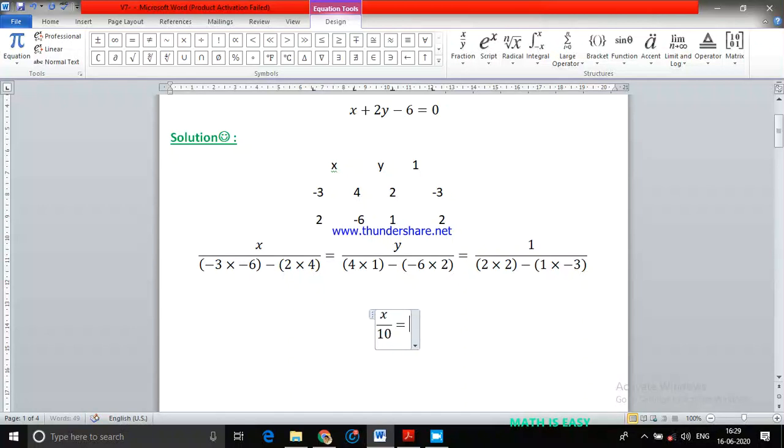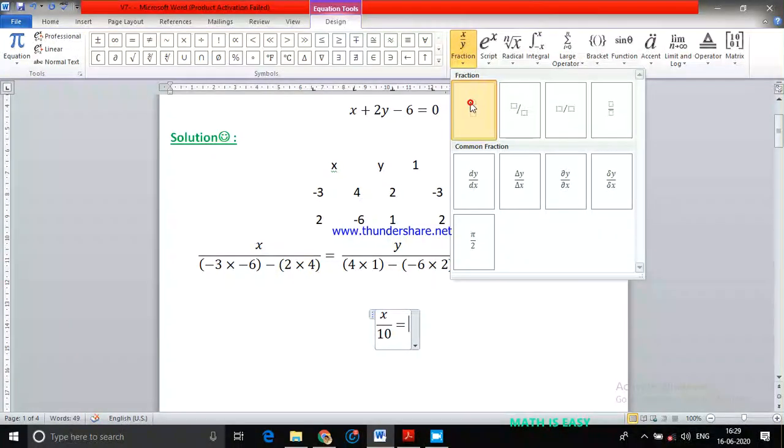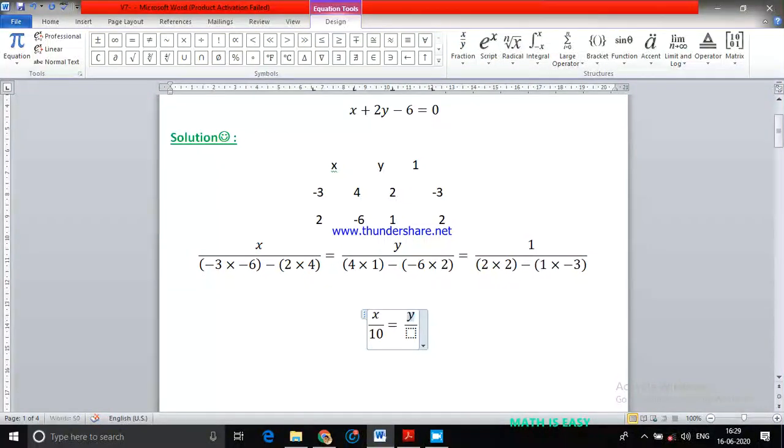I hope you can understand if I write this step directly. Then the next case, y upon, here you multiply, 4 into 1 is 4, minus 6 into 2 is minus 12, minus minus 12 is plus 12, so 4 plus 12 is 16. Okay, if you are confused, you can write one more step in between.